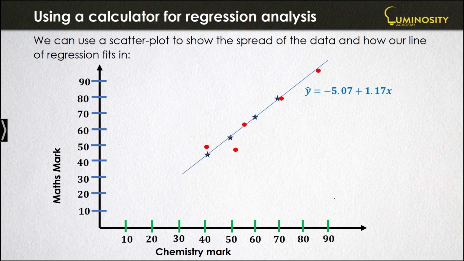All right, so we can also use what we call a scatter plot to show the spread of that data and how our line of regression fits in. So these red data points, those are the 5 learners that were given to us. Notice that this blue line, and I just put stars here to indicate actual points on the blue line, the red data points you can see, they are pretty close, sometimes almost look like they're touching the blue line.